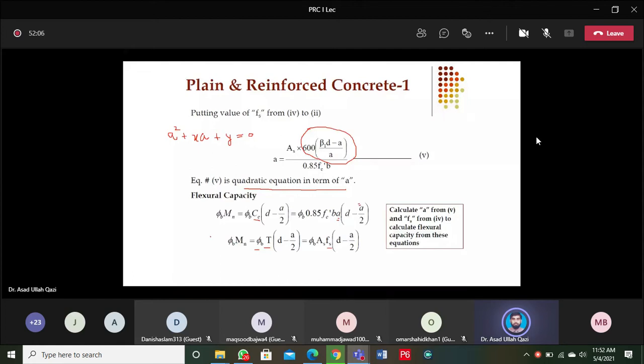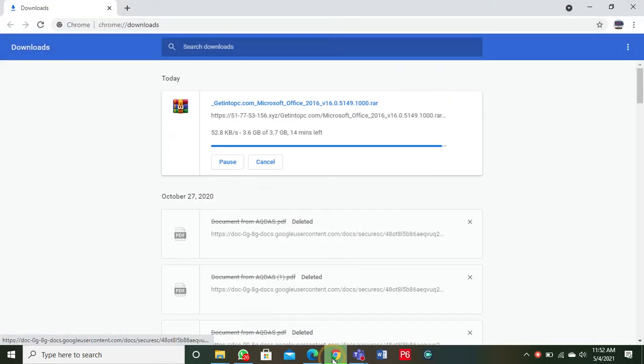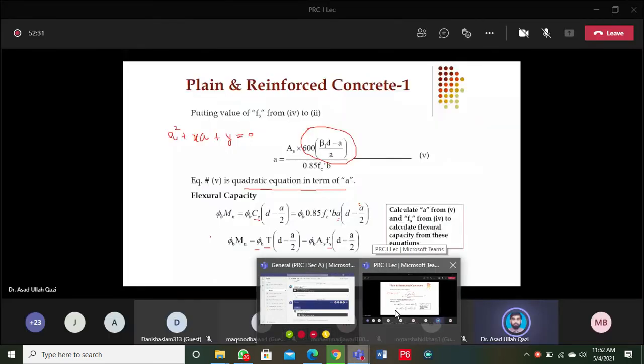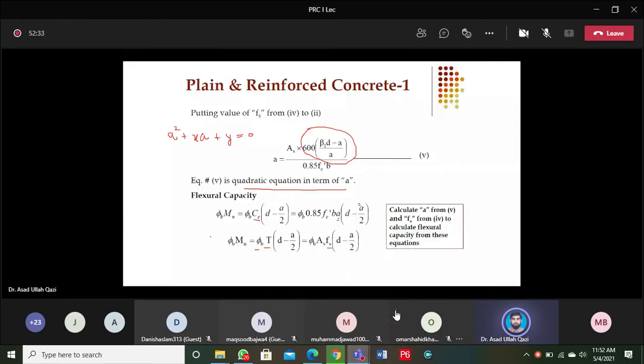So you will notice that in order to determine the capacity of an over-reinforced cross section, you need to do little hard work, because you need to first establish where is neutral axis depth, and you need to derive a quadratic equation, get the a, and then you will be getting the internal capacity.